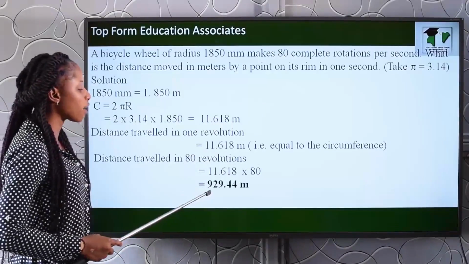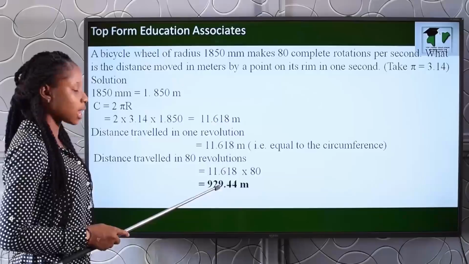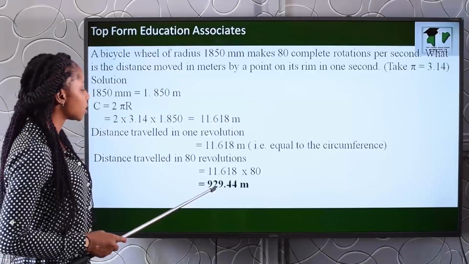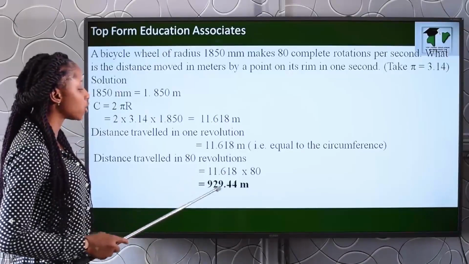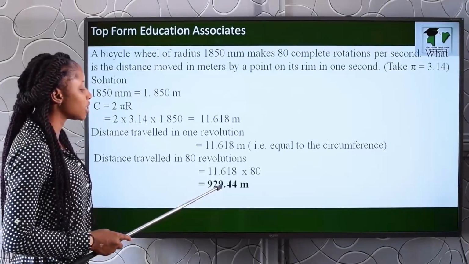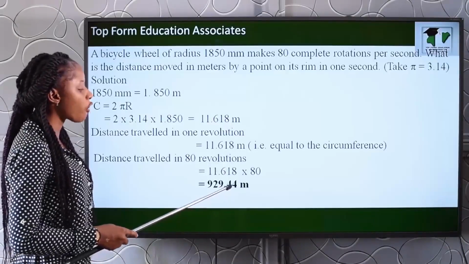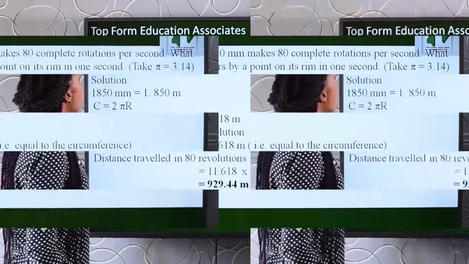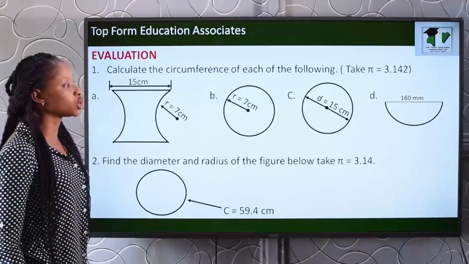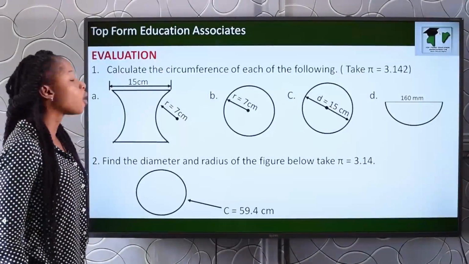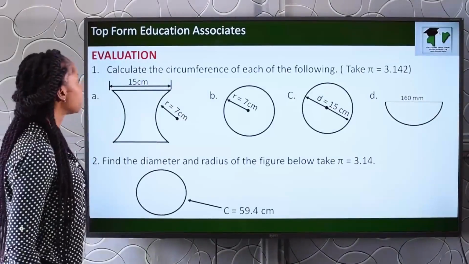And when we do that, we have this as our final answer. Therefore, the distance traveled in 80 revolutions is 929.44 meters.